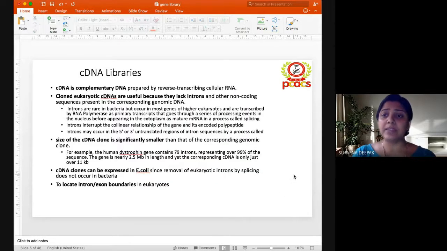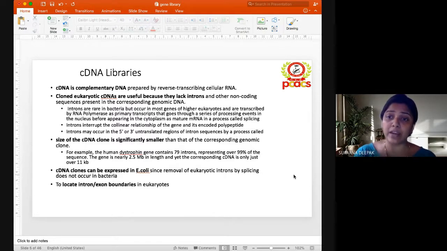Now I will explain your cDNA library. The concept is again the same. As I've already told you, cDNA is complementary DNA, which is prepared by reverse transcribing your cellular RNA. They are very useful because they lack introns.